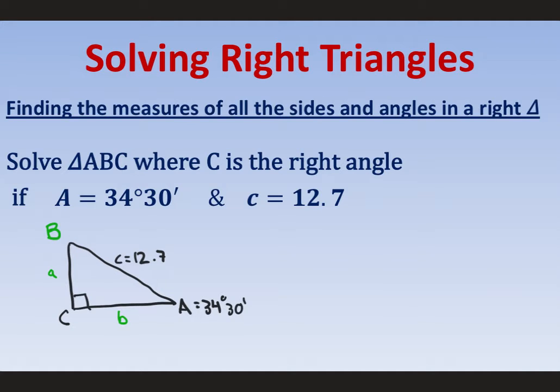Now, when we're solving a triangle, we basically have a couple things at our disposal. The methods that we have are SOHCAHTOA. Right, we got our trig that we can do to find our missing sides or missing angles.